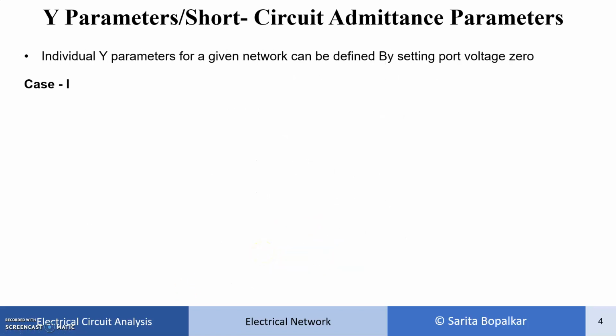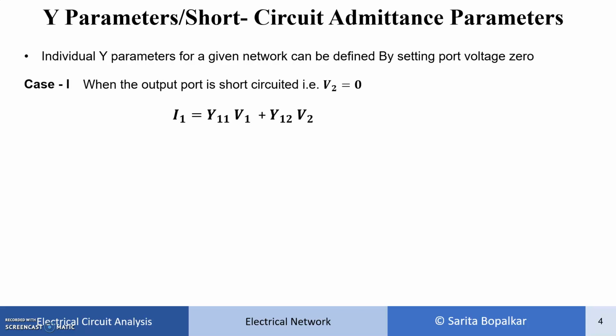Now to find the Y parameters individually, we know the equations of Y parameter. The first equation is I1 is equal to Y11 V1 plus Y12 V2. To get Y11, we have to make this term 0, means we have to make V2 0, voltage 0 at the output port.